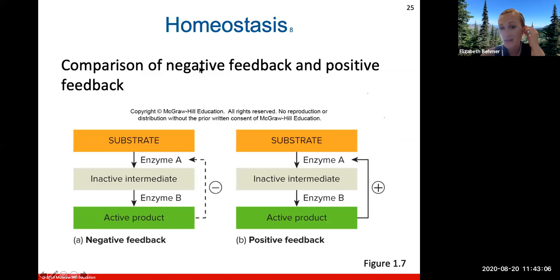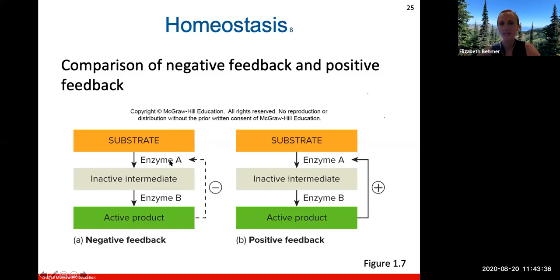Here's a comparison of negative feedback and positive feedback. If we look at enzymes, so if you take a substrate, I don't know if you guys have had chemistry yet, but these two graphs are just looking at a beginning product of the chemical equation, and they're taking you through to the active end product. In negative feedback, once sufficient product is produced, it'll turn off this enzyme.